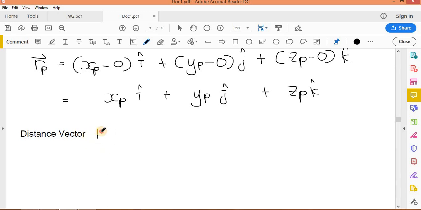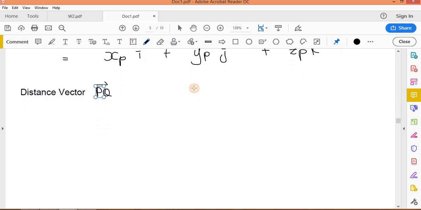For example, let's say you have point P and point Q. So I will construct a 3D coordinate system again. Let's say your P is here, and your Q is here.